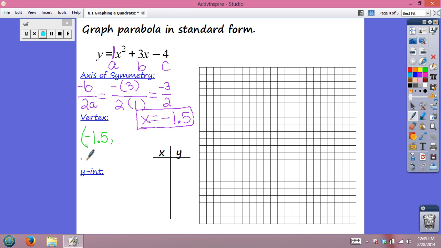So, use a different color here. We have -1.5 squared plus 3 times -1.5 minus 4.